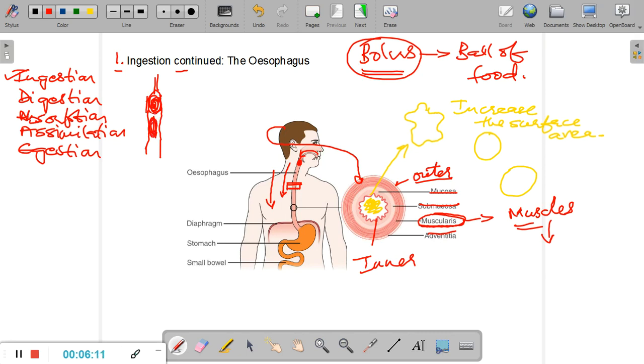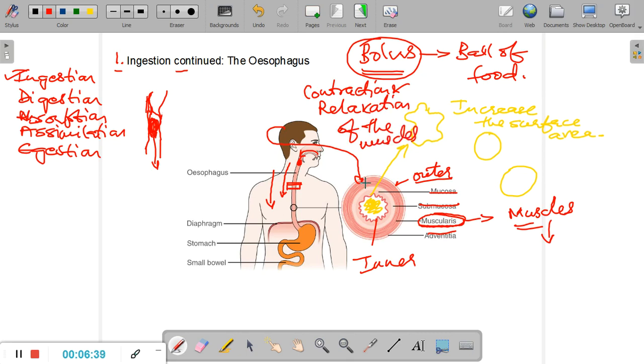Once the bolus reaches a lower position, the muscles around the esophagus here, they squeeze, and they push this bolus down. So the contraction and relaxation of the muscles around the esophagus or inside the walls of the esophagus push the bolus towards the stomach.